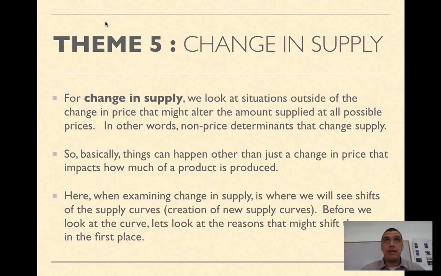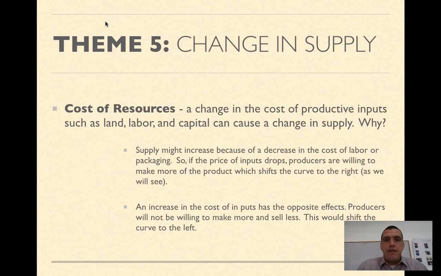But before we look at this, I want the video to do that for you. We're actually going to go through the reasons, the actual non-price determinants that might shift the curve to the right or left in the first place. So non-price determinants that will cause producers to either produce more or less of a good. The first non-price determinant, I guess we could say, is the cost of resources.